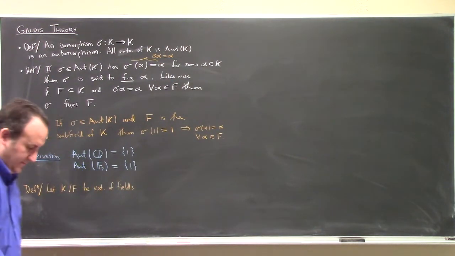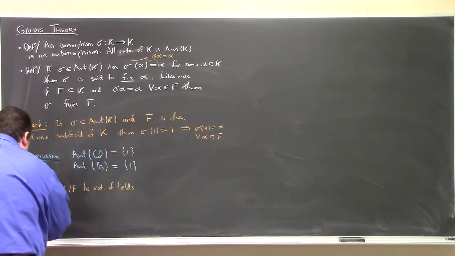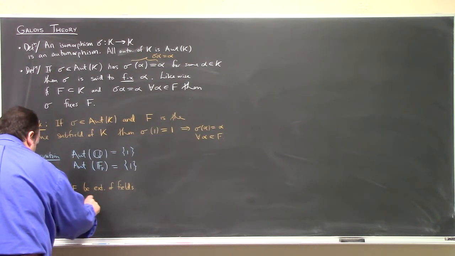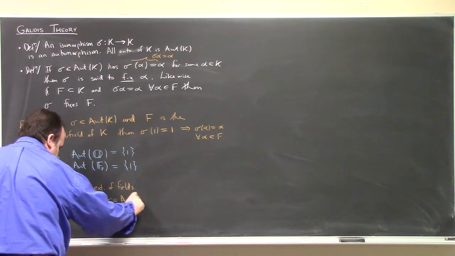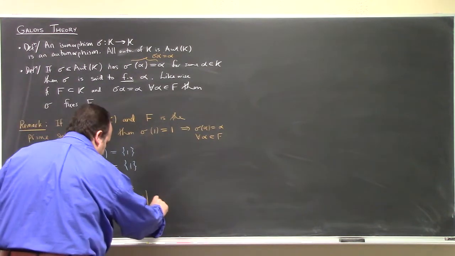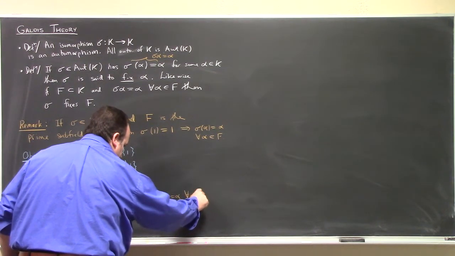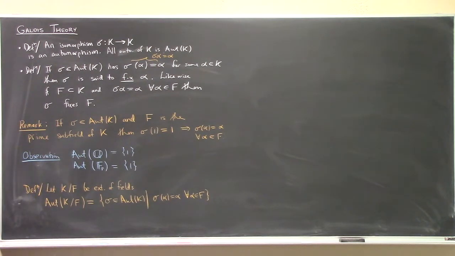And then we're going to define Aut(K over F) to be equal to the set of sigma in the automorphisms of K such that sigma of alpha equals alpha for all alpha in F. In other words, Aut(K over F) consists of the F-fixing automorphisms of K.